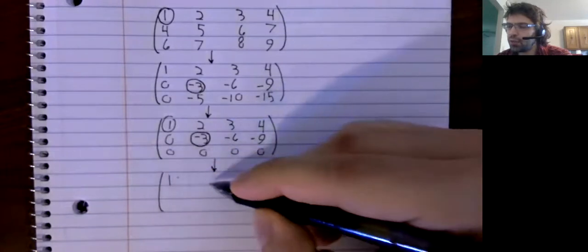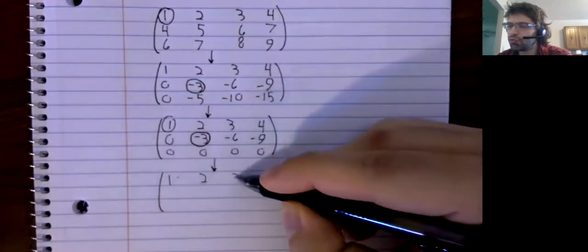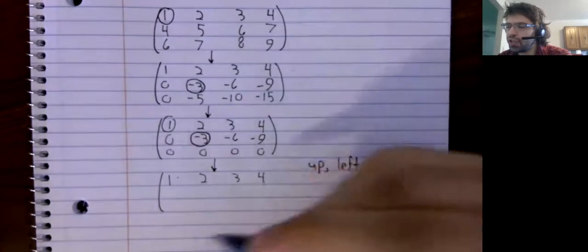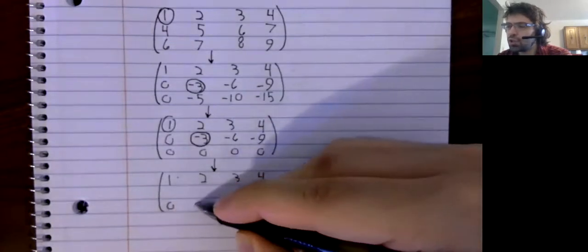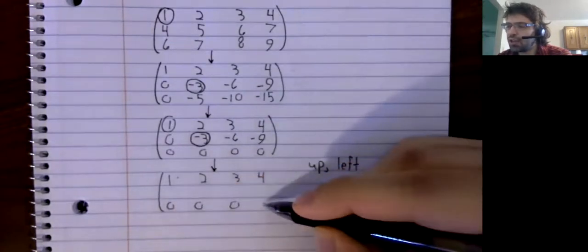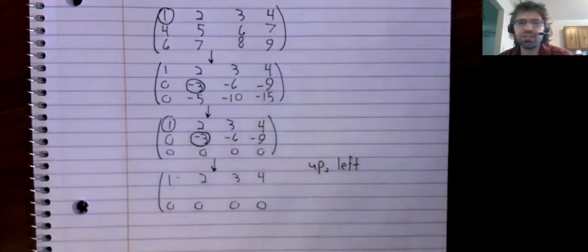And here's where the row operation multiplying by a constant is going to be necessary.